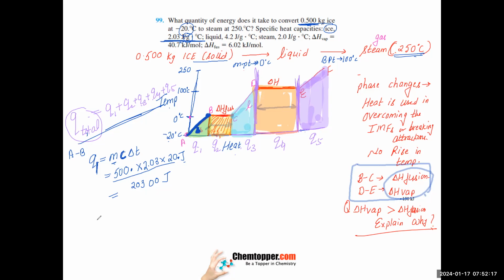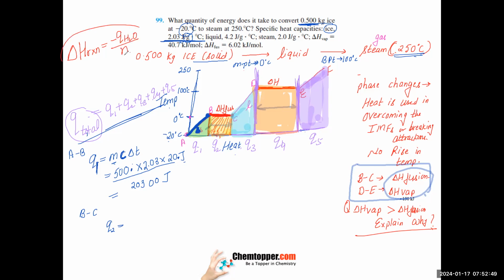Now let's calculate B to C, Q2. Can I use this equation mc delta T here? B to C, this part. No, because delta T is 0. So what equation am I going to use? If you remember in the cup calorimeter, there was an equation: delta H of reaction is minus Q of the water divided by n.